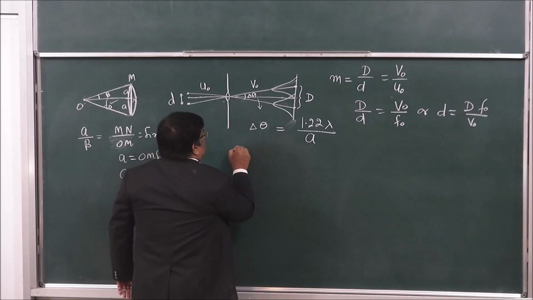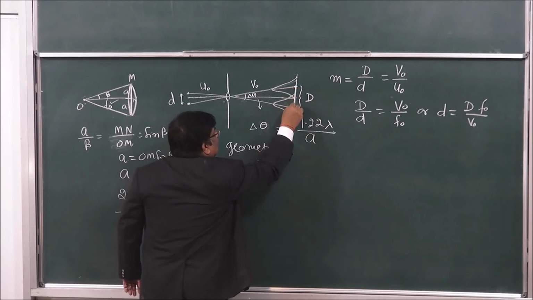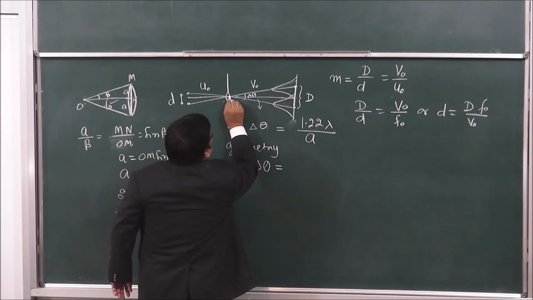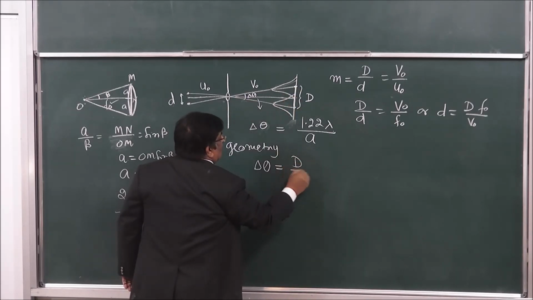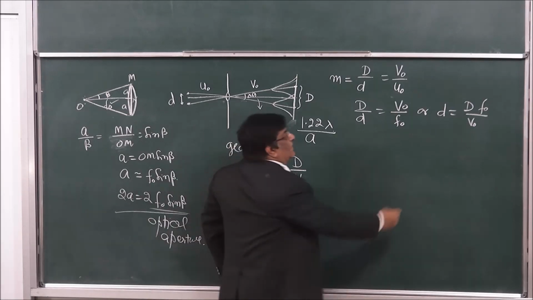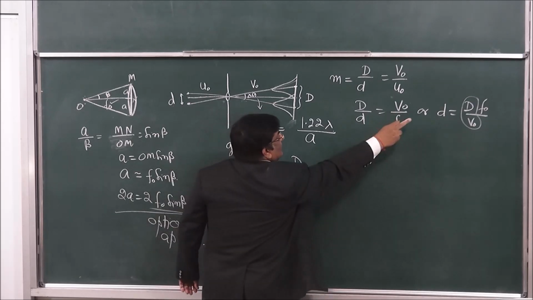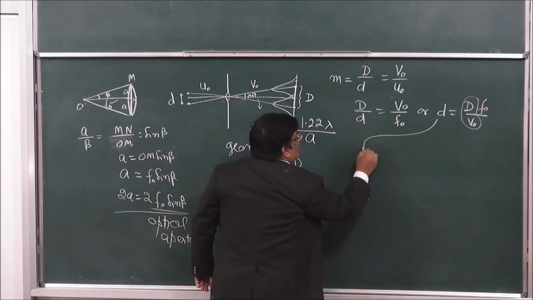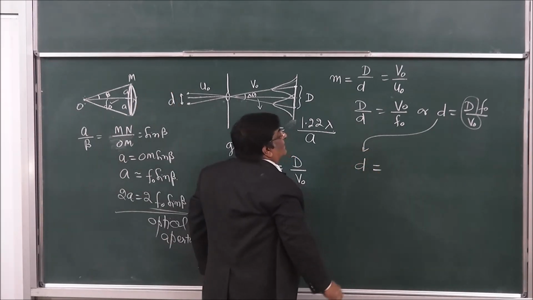According to geometry, here delta theta is equal to, this distance is D and this distance is V naught. So I can write it as arc upon radius, D upon V naught. This is delta theta, and you see it appear here. So I write it again, this one. The distance, this distance, the minimum distance for resolution.